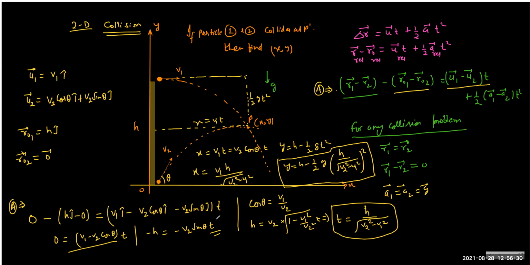So you can always solve by the formula, or you can solve by the relative concept, or you can solve by the ground frame also. Because they are colliding, they must have the same x coordinate finally and same y coordinate finally. So you can do it coordinate wise. What is the x of v1, x of v2 after time t? So you can get that answer and equate it.